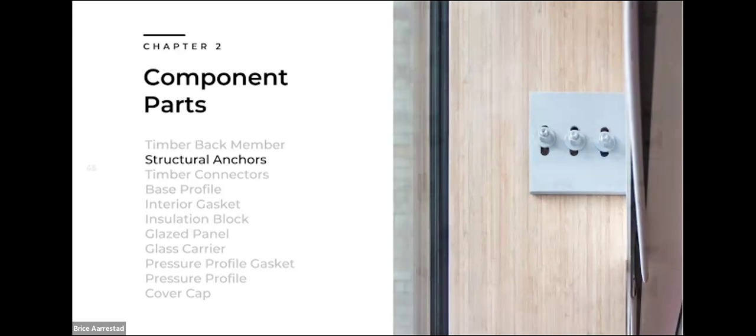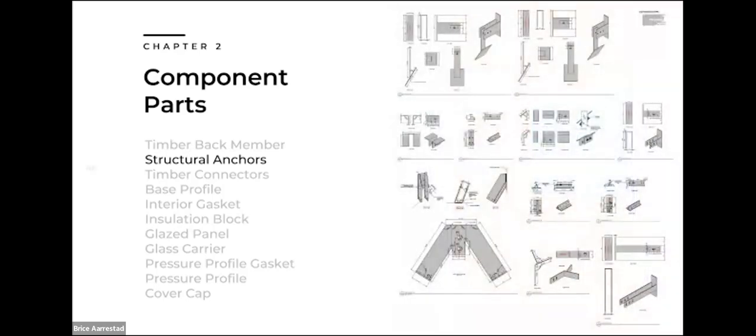There are a lot of different ways that we can connect this timber curtain wall system to a primary structure. You're seeing a lot of different connection types here on the screen, different anchors. What I think is important for you to understand is that each one of these projects typically has bespoke structural anchors. These are usually made out of steel.